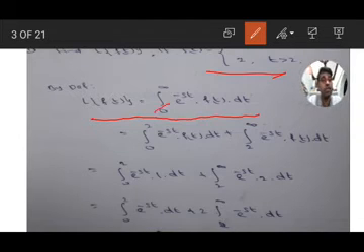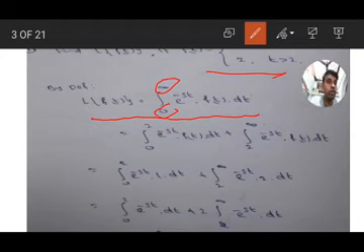From limits 0 to infinity, from 0 to 2, f of t equals 1, and for t greater than 2, f of t equals 2.